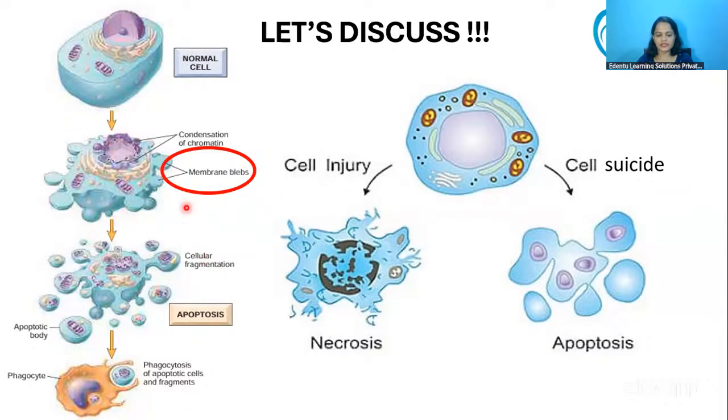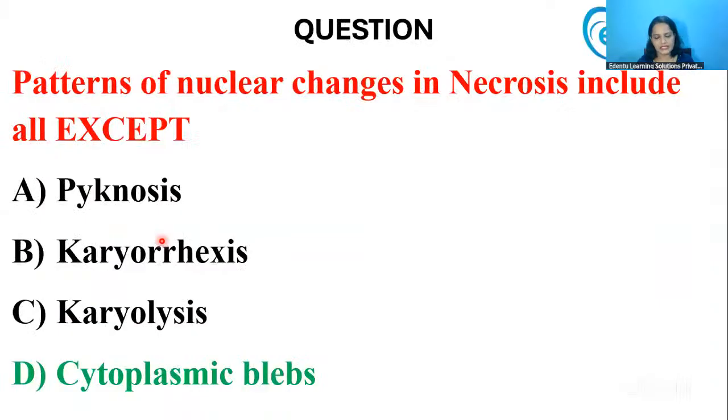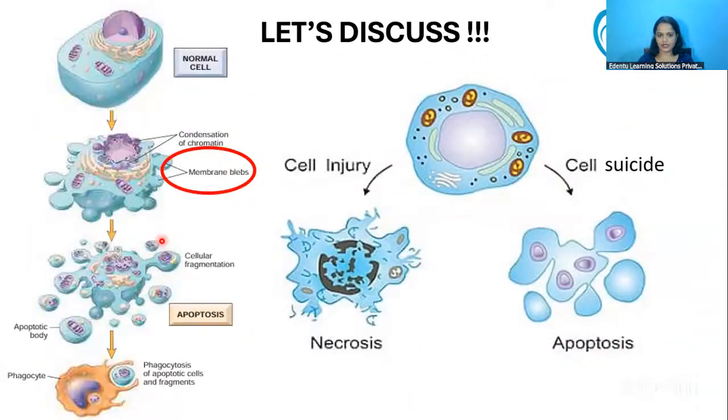Blebs will form like this and get converted into apoptotic bodies, and phagocytosis will happen for apoptosis. So cytoplasmic blebs are usually seen in apoptosis only. Necrosis contains the others: pyknosis, karyorrhexis, and karyolysis.